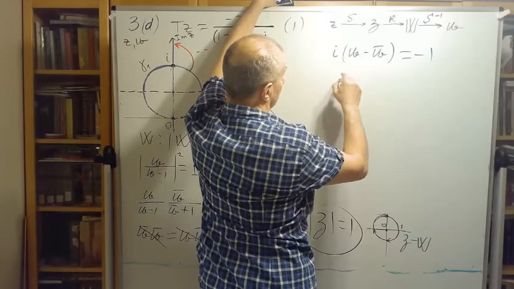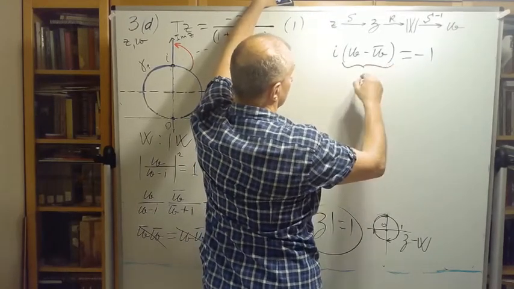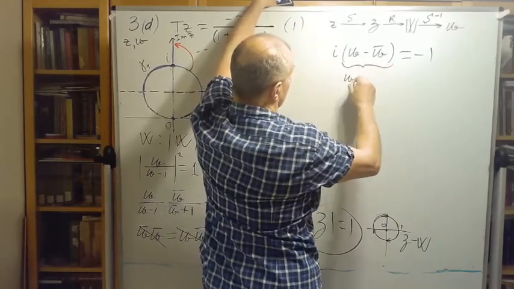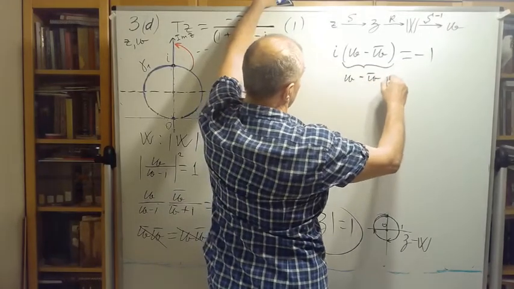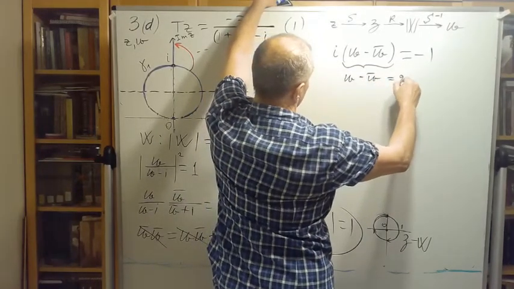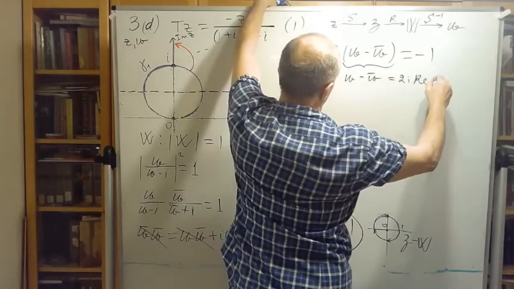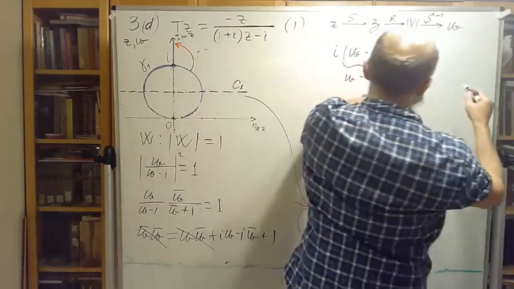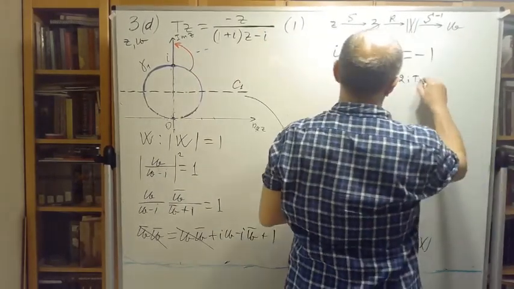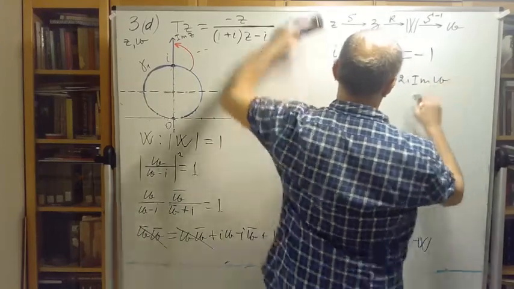Or what is this? w minus w conjugate equals 2i times the imaginary part of w.